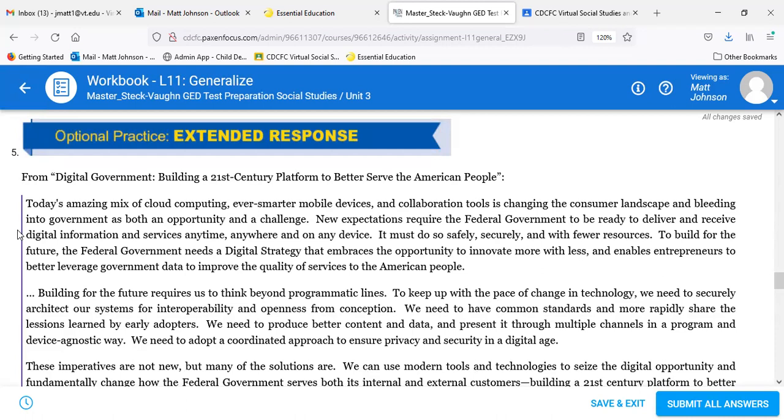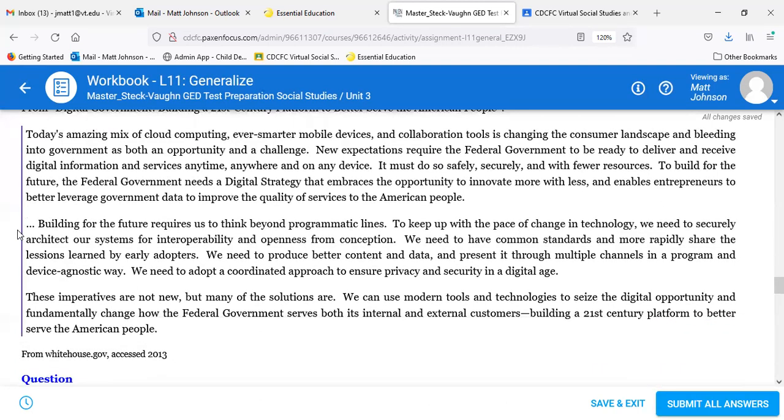We need to have common standards and rapidly share the lessons learned by early adopters. We need to produce better content and data and present it through multiple channels in a program and device agnostic way. We need to adopt a coordinated approach to ensure privacy and security in a digital age.